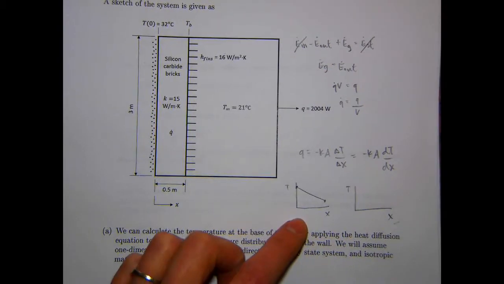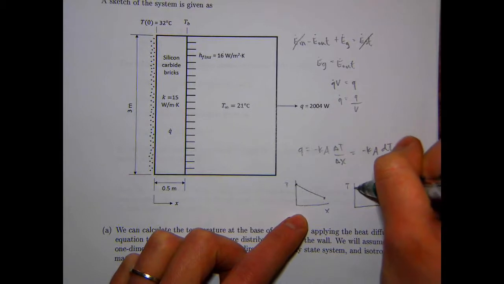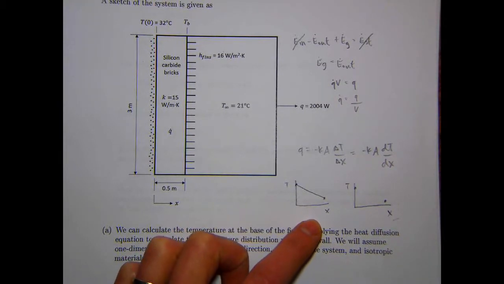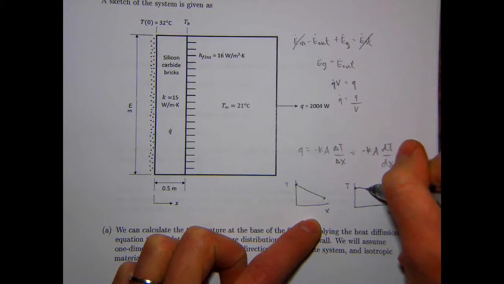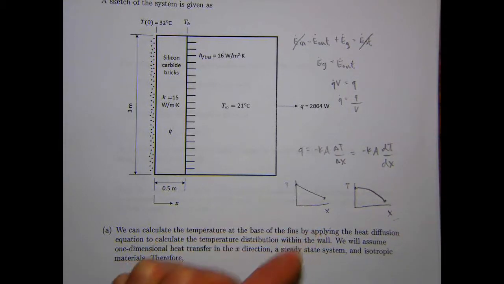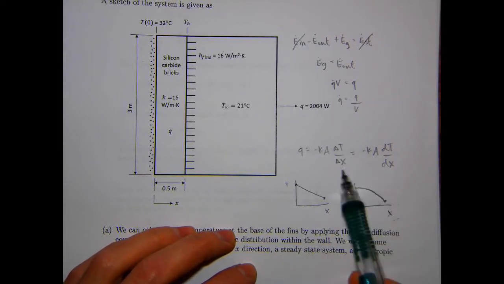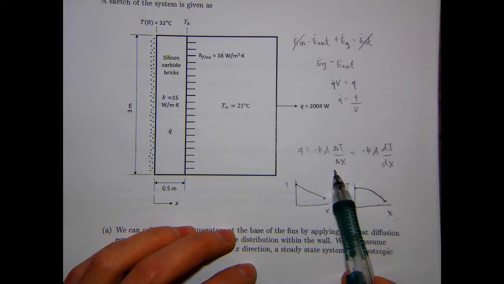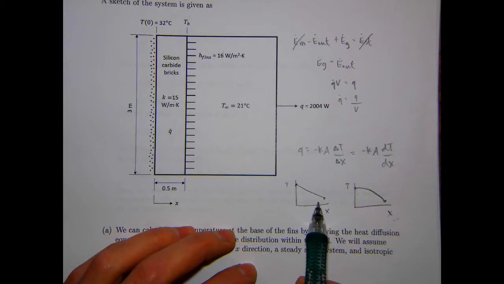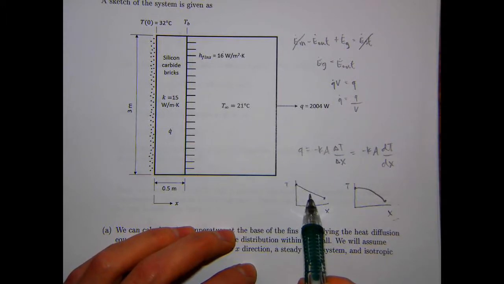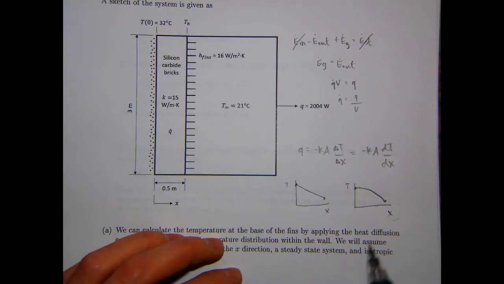If the temperature distribution is linear, it looks like that, versus in a wall with energy generation, it looks something like that. So you can get away with using this equation for a linear temperature distribution because the slope over the entire length is going to be equal to the slope instantaneously. Does that make sense? So it's linear, so you can say that.